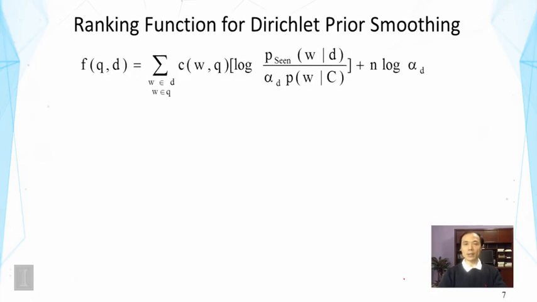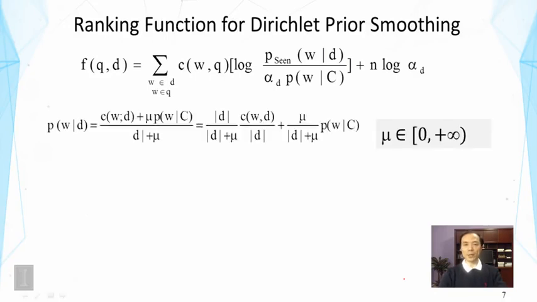Let's look at the Dirichlet prior smoothing. It's very similar to the case of JM smoothing. In this case, the smoothing parameter is mu, and that's different from lambda that we saw before, but the form of the function looks very similar. So we still have linear interpolation here.